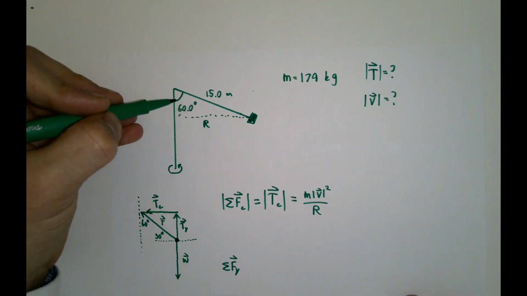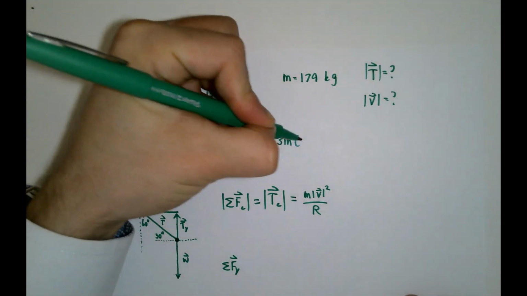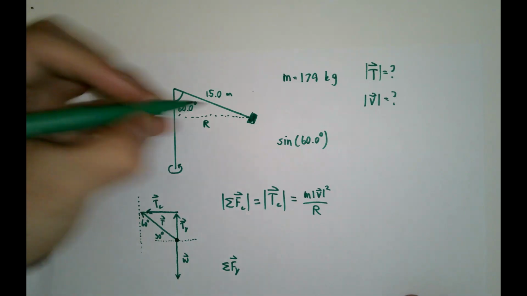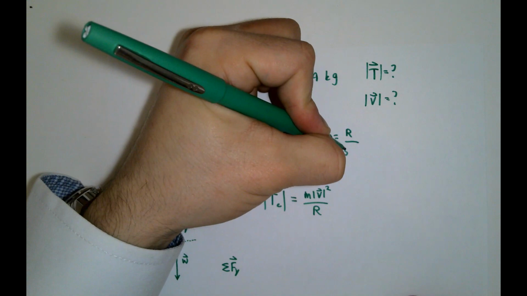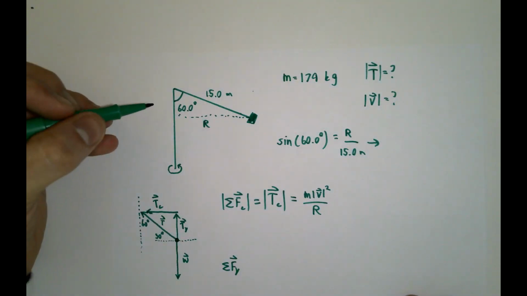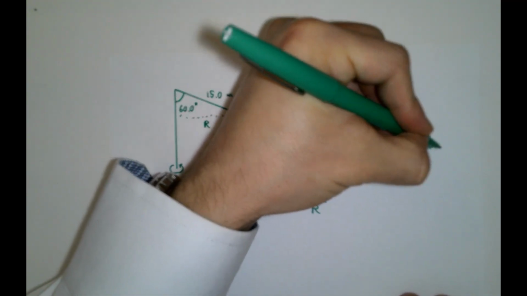I can quickly do that. I know that if I take this would be the sine. So if I take sine of 60.0 degrees, sine of that angle, the opposite is the radius, divided by my 15.0 meters. I can find that the radius is equal to 15.0 sine of 60.0 degrees.